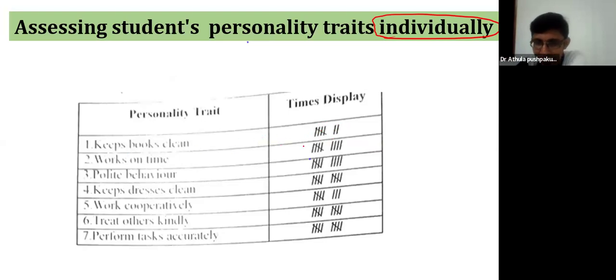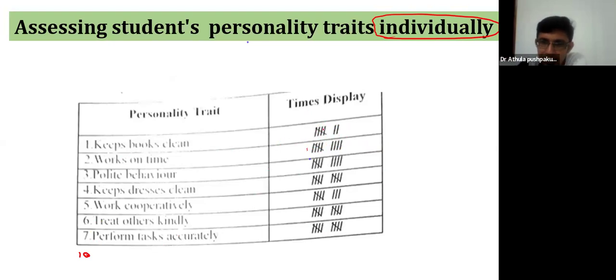On time: are they working on time or not? Out of 10, one student earns 5, like this. Let's think about the summation of these. Assume we identify 10 personality traits. Now I mentioned 7, but assume 10.